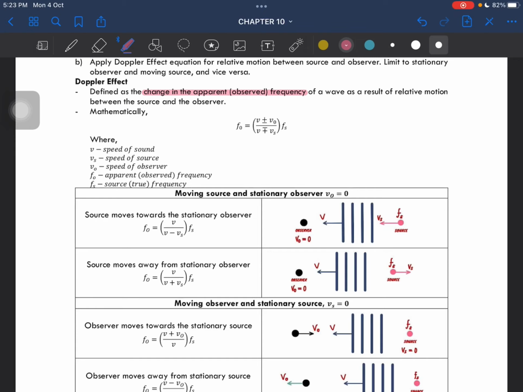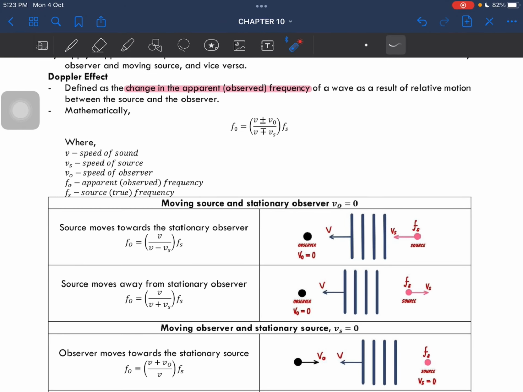Mathematically it is written like this, where V is the speed of sound, Vs is the speed of source, V naught is the speed of observer, f naught is the apparent frequency, the observed frequency, and lastly f is the source frequency.